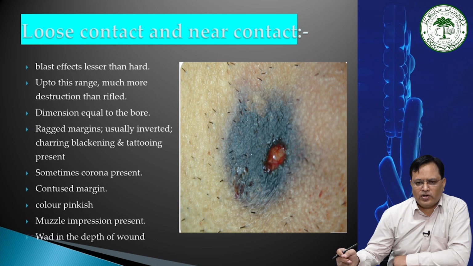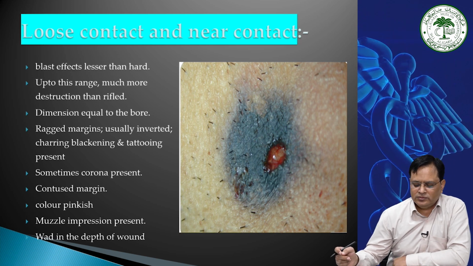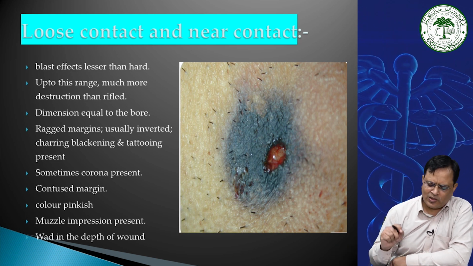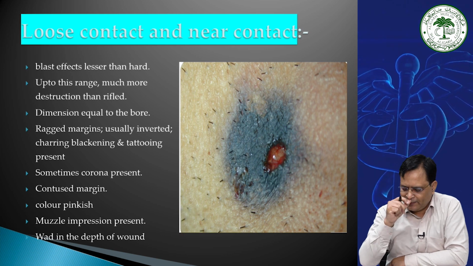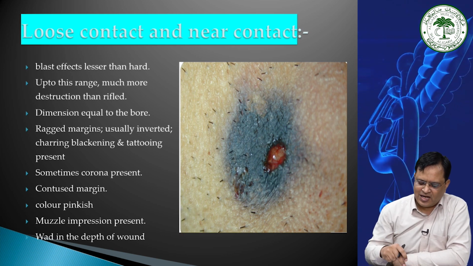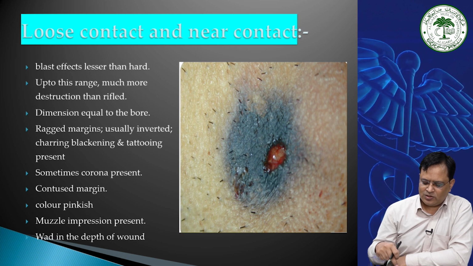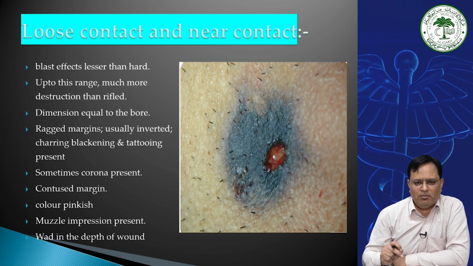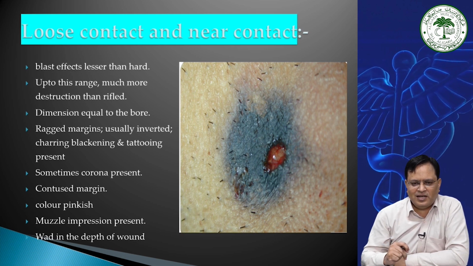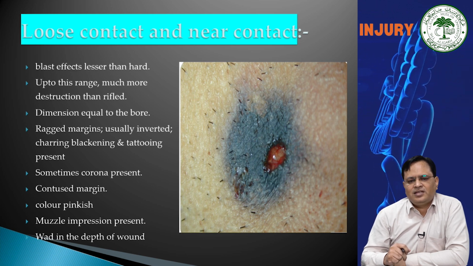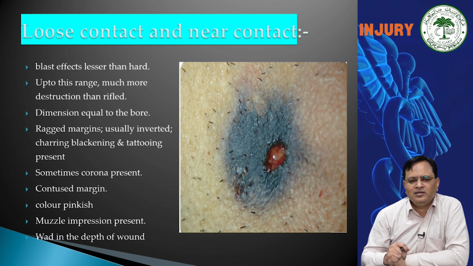Then we have loose contact or near contact wound, meaning slightly in contact or near contact. Then we have various discharges here, which you can see. There is a discharge of smoke or gunpowder. Blast effect is lesser than hard. This range has much more destruction than a rifle.